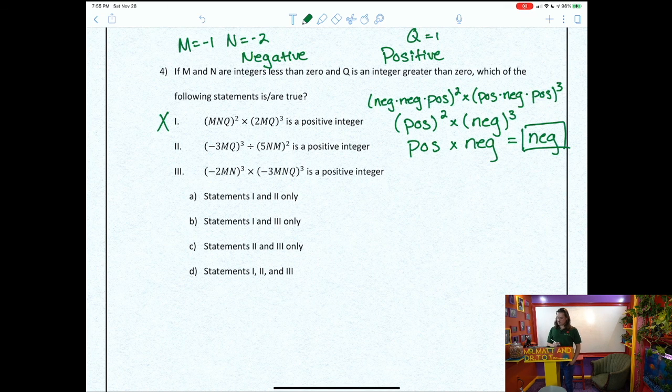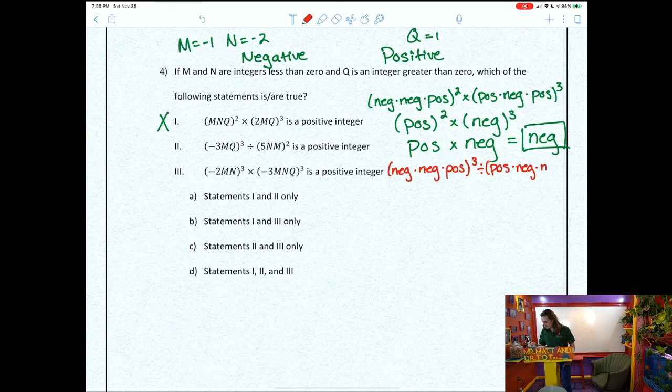Statement 2, we have negative 3 times m times q, quantity cubed. So we have a negative times a positive, quantity cubed, divided by a positive times n, which is a negative, times m, which is a negative, quantity squared. So a negative times a negative is positive.